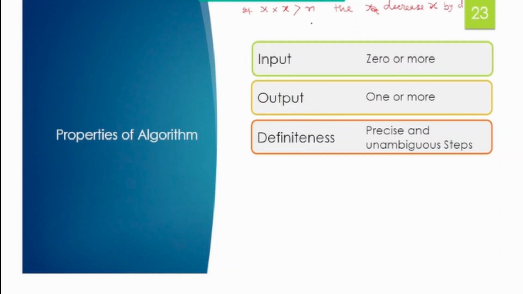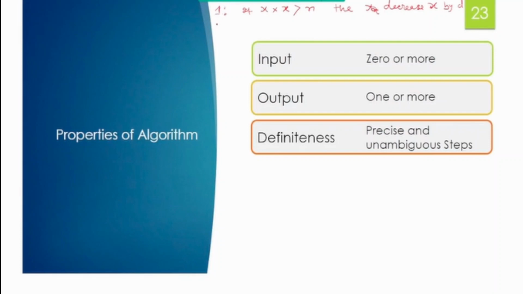Because if it is greater than n, we need to decrease it. Whenever this condition is satisfied, we immediately need to execute this decrement process. Let's say this is step 1.